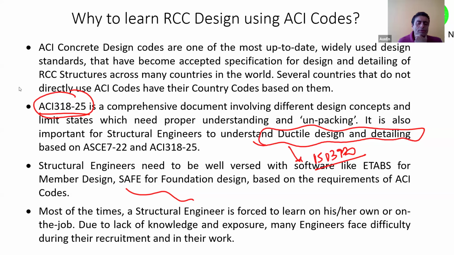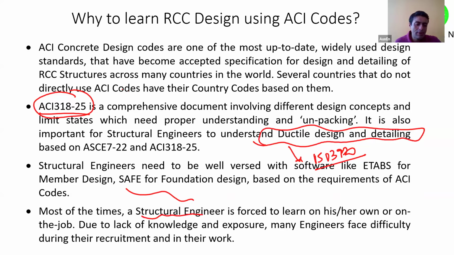This is why learning ACI codes becomes important, and because there are no proper avenues available, most of the time the structural engineer is forced to learn on their own on the job. This becomes a hurdle also because I heard from many of you engineers that they had a requirement in their organization to do a project, but that project was based on American standards.